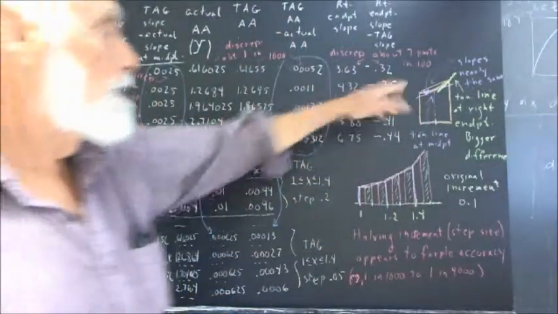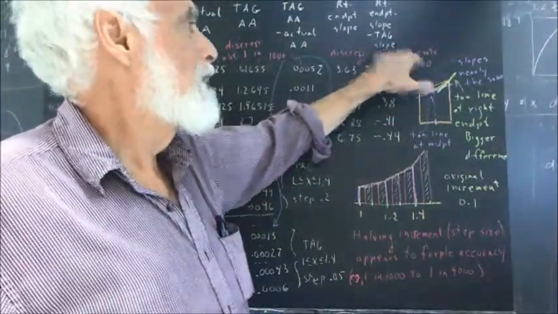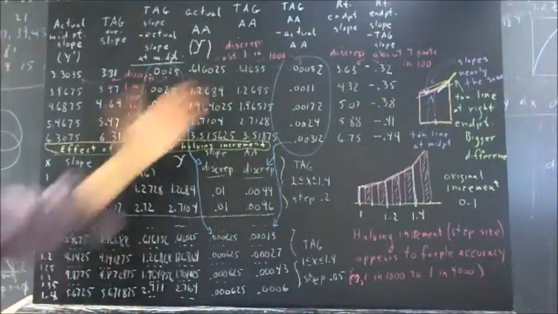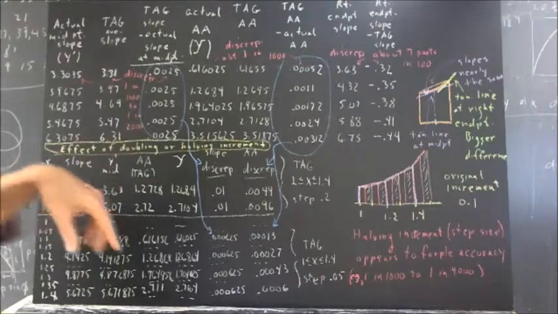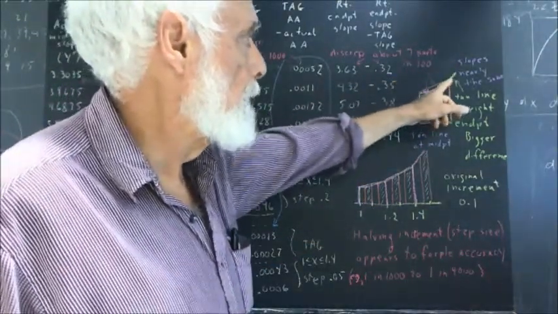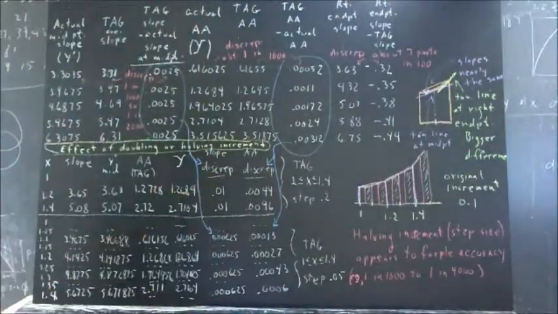So the fact that this is 7 parts in 100, 70 parts in 1,000, this is 70 times closer to the actual slope than this is. So that's something you want to think about and get a little bit of a feel for.